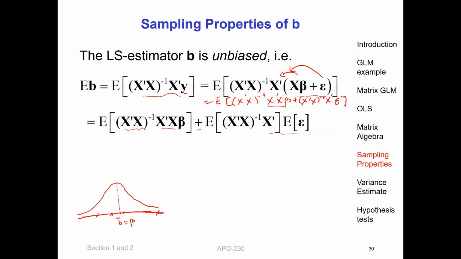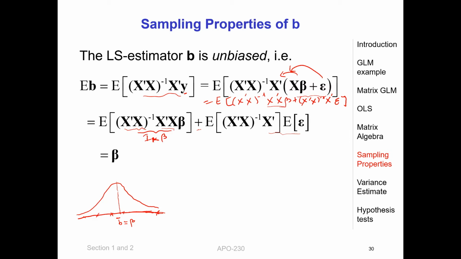And when you multiply the two together, you will get an identity matrix, I_K. You can check it yourself using the Excel file or the Excel operation that I showed you today, and then times beta.